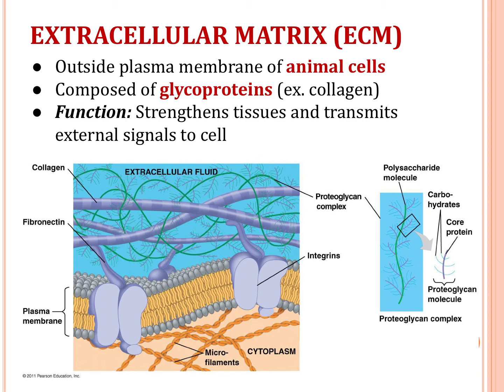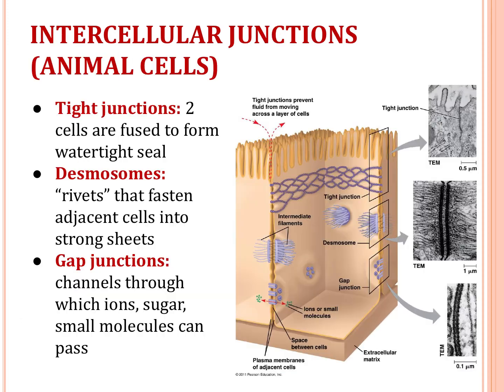On the inside surface, or intracellular portion of the cell, we see the microfilaments helping to maintain cell shape, and then the extracellular matrix is composed of a variety of different glycoproteins such as collagen, and it forms a strong network of fibers to strengthen tissues and allow the transmission of external signals to the cell. So you can see that some of these proteins are actually connected from the cell membrane to the extracellular matrix for anchoring and for being able to communicate signals outside of the cell.